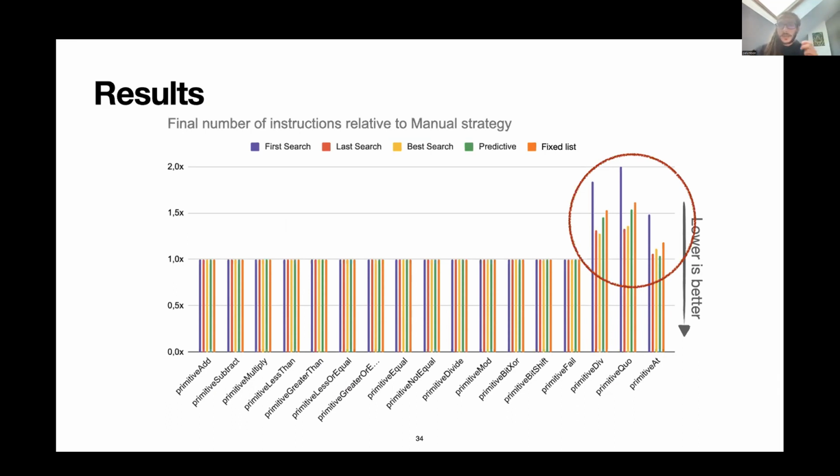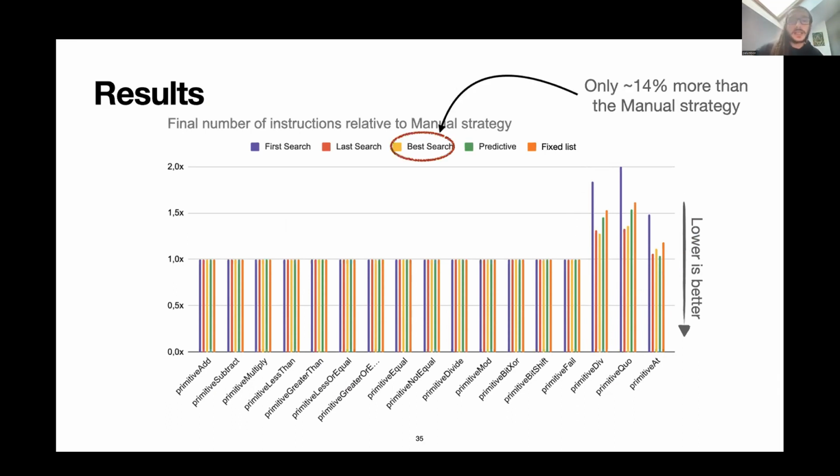It makes a better effort, but the best search is the closest to it, with an average of only 14% more instructions than the manual one. That is okay because, even though it doesn't arrive at the same optimal result in all cases, it's automatic. I don't have to think about or maintain the whole list.